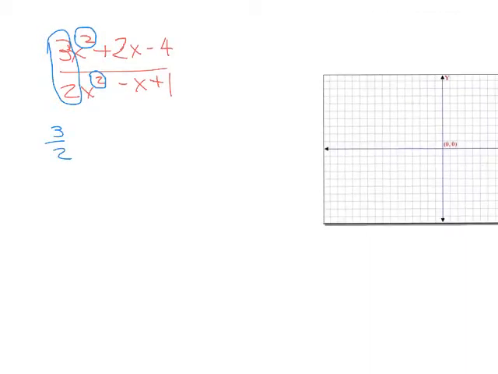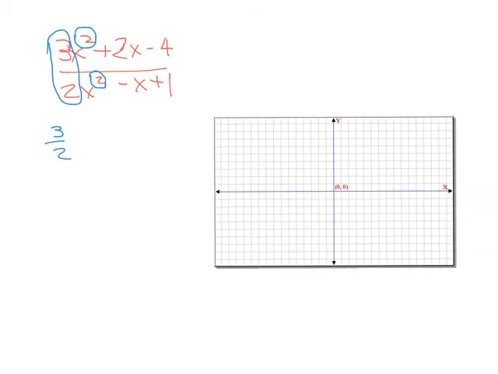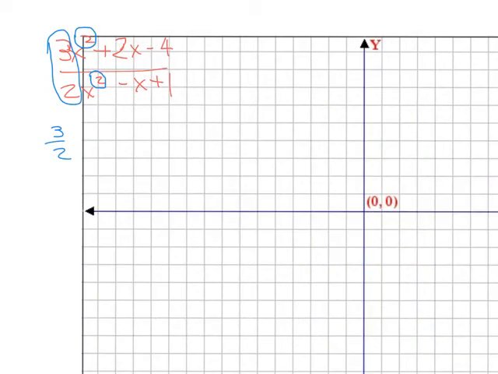So when I graph it, and I want to graph my asymptote of 3/2, I know it's at 1.5. And there we go. So when I draw the graph, I know that my graph will not cross that line anywhere. Okay? So that's not too difficult to figure out, is it?